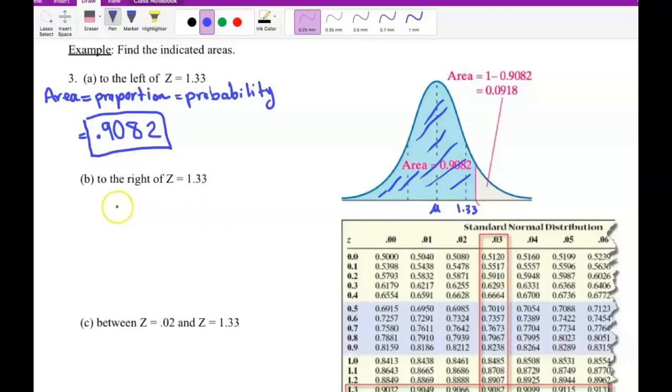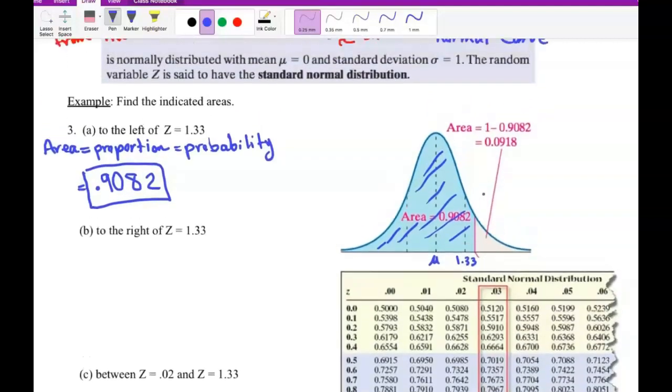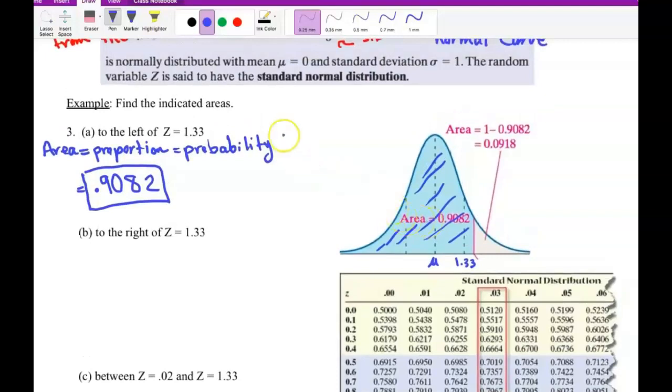Now part B, we need to find the area to the right of the z-score. So here is our z-score, z is 1.33, and we should find the area on this side, on the right side of the z-score. To find the area to the right of the z-score, we need to follow this rule.